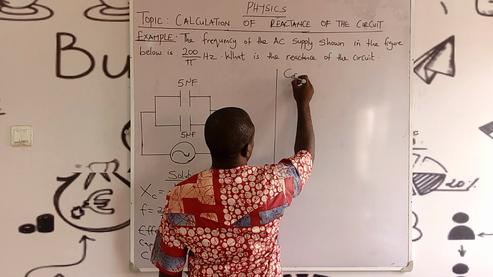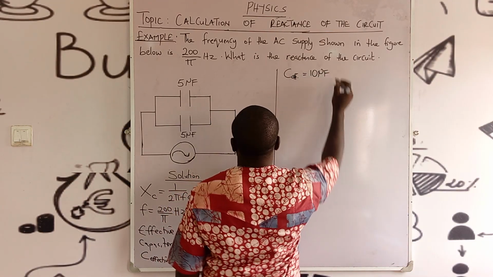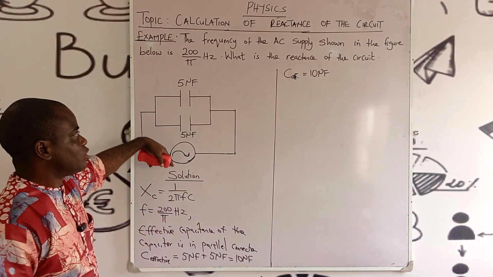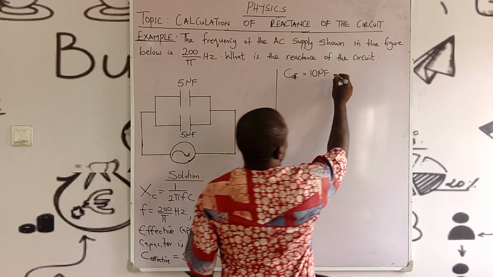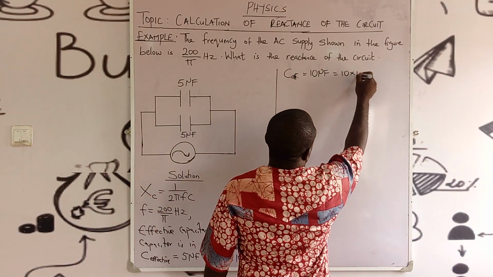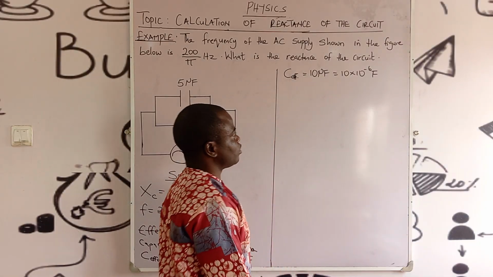C effective now equals 10 microfarad. Because they're in parallel, you add them together. If they are in series, you find the reciprocal of each of them. It's 10 times 10 raised to the power minus 6 farad, because micro is 10 raised to the power minus 6.